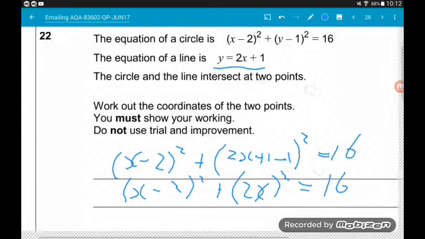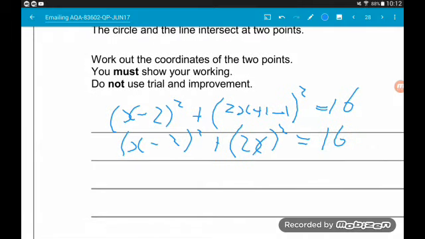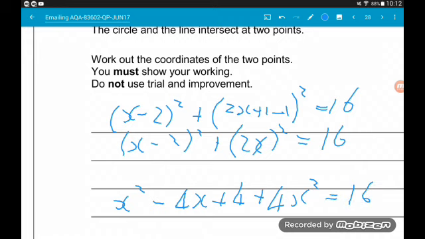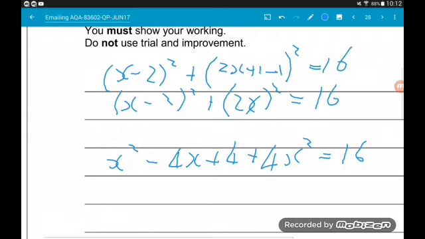If we then expand our brackets, x minus 2 squared gives us x squared minus 4x plus 4, and then 2x all squared gives us 4x squared. That's equal to 16. If we then sharpen things up, we've got x squared plus 4x squared, which is going to give us 5x squared, and then we've got minus 4x.